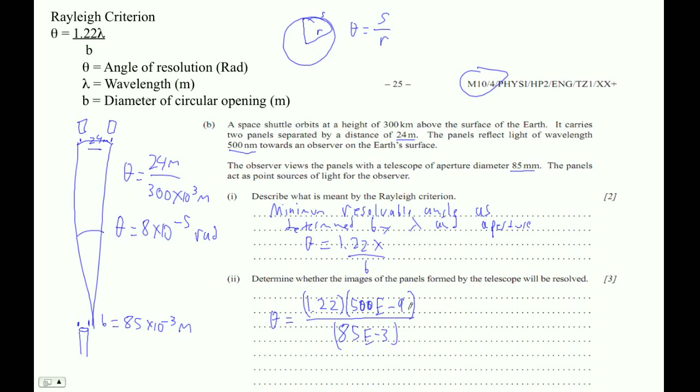So this will be meters over meters, a pure number. 1.22 times 500 E minus 9 divided by 85 E minus 3, and we get 7.176 times 10 to the minus 6 radians.